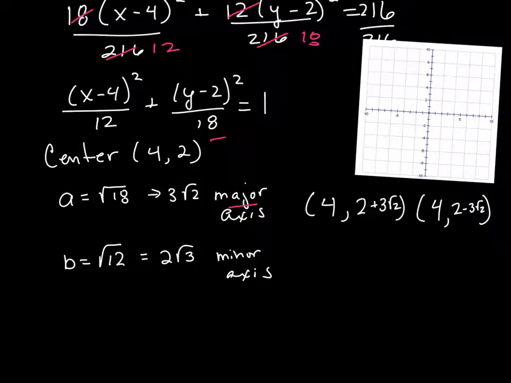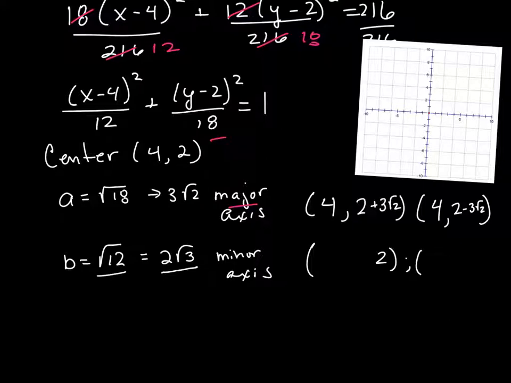For the minor vertices, we have the square root of 12, or 2 square root of 3. And because those minor vertices are both underneath the x value, x is what changes, and then the y stays the same. So y is going to stay the same for both of these co-vertices.